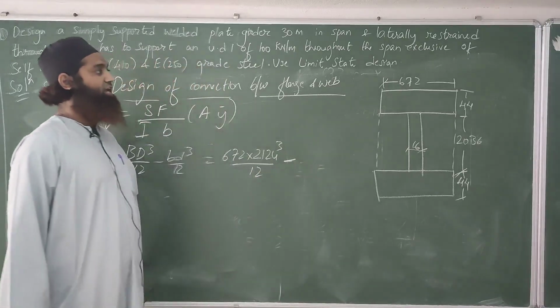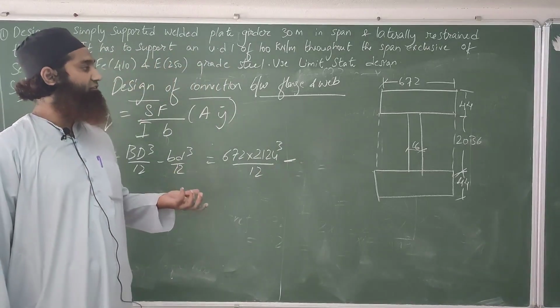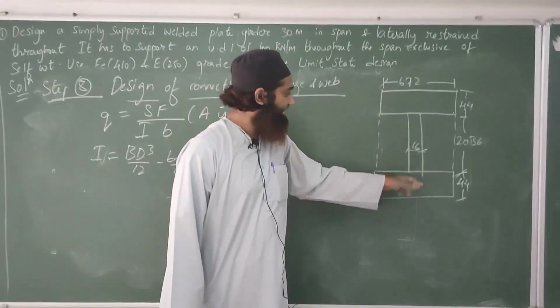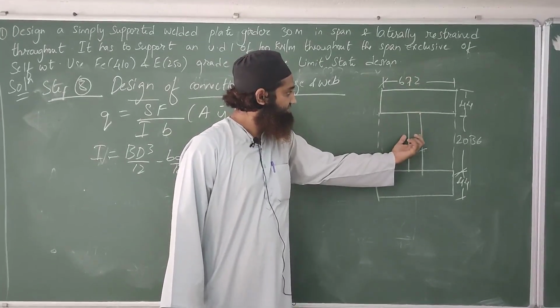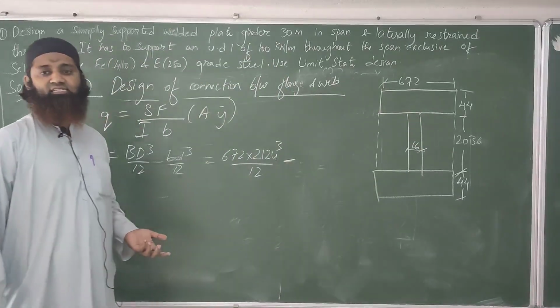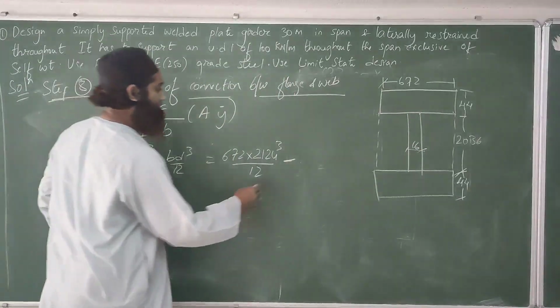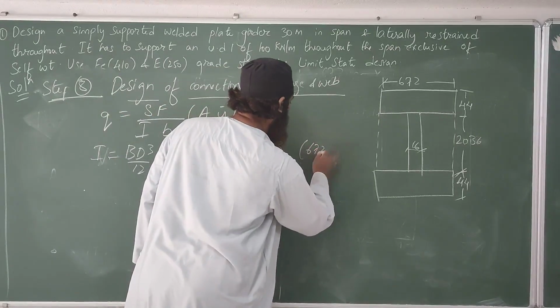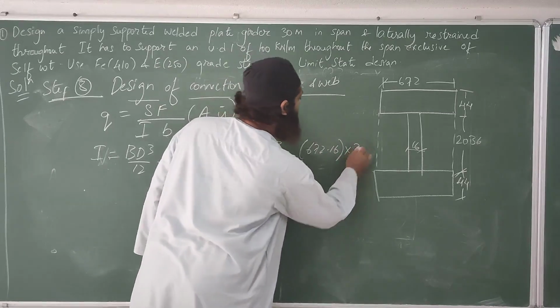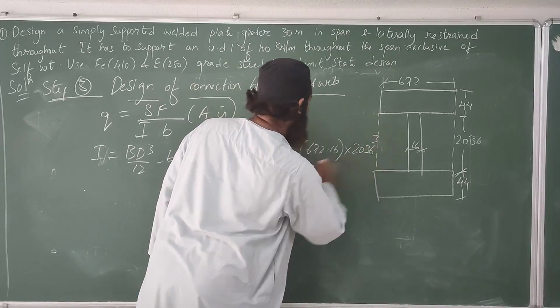Minus of, now what will be small b, we'll have to see that here, as we are finding out the moment of inertia of this I section. Now b is this, 672 minus 16. And D will be 2036 cube by 12.